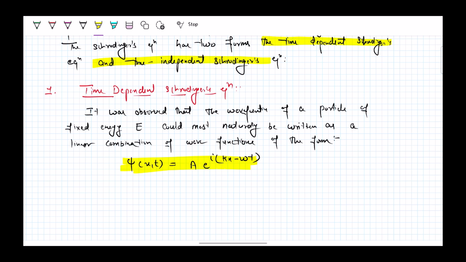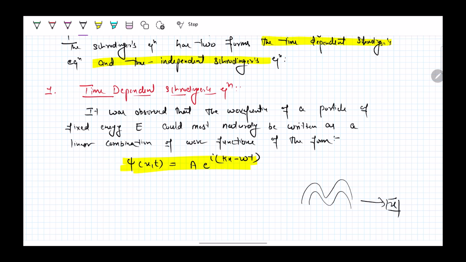As we know, when two or more waves superimpose with each other, they form a wave packet. The wave packet, or the linear combination of all the wave functions within it, can be written as psi of r, t.